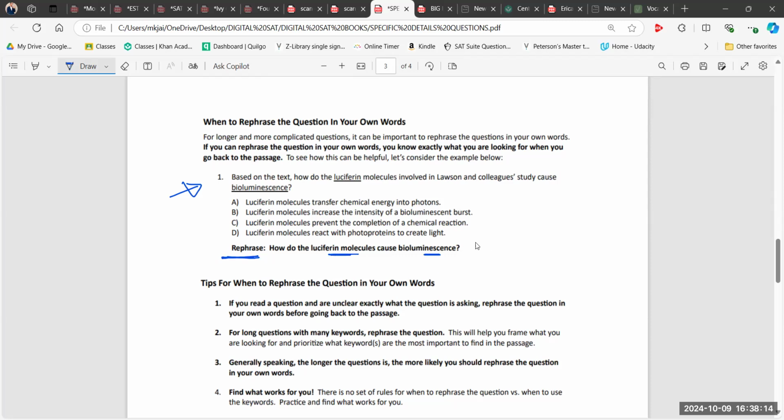So what am I trying to do? I'm trying to simplify the question, making it simple so that you know what you are looking for. If you don't focus on your task or what you're looking for, you may get an incorrect choice.